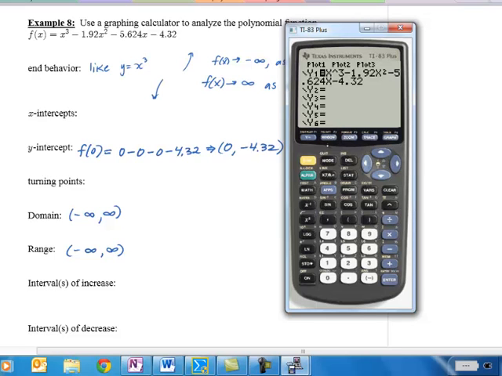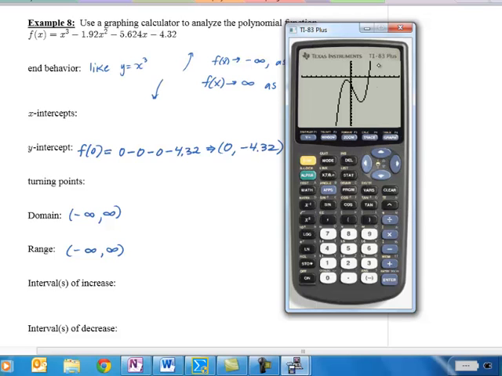Okay, and for a window, let's just do our standard window for now and then see what we need. It looks like we need to see a little bit lower, so let's adjust it down, move our y-min down if we want to see lower, right? So let's make it negative 30 and see if that's low enough. Looks like it is.